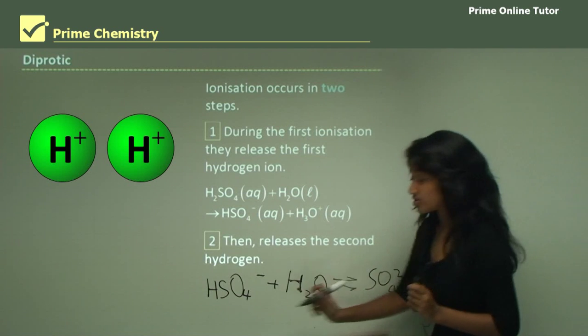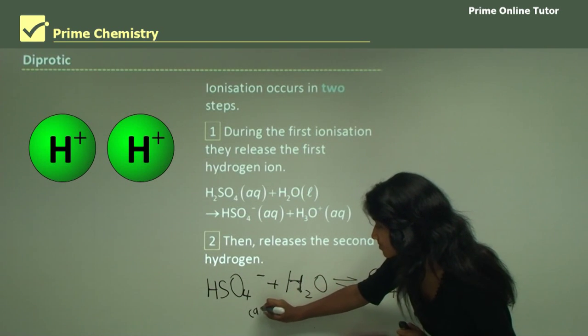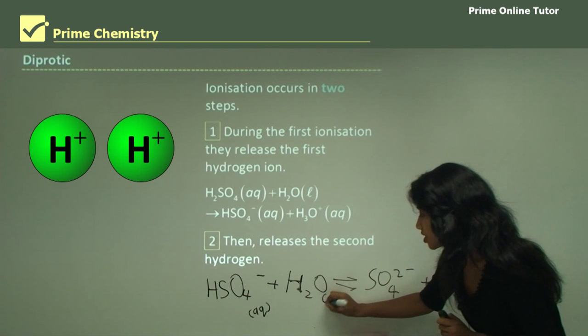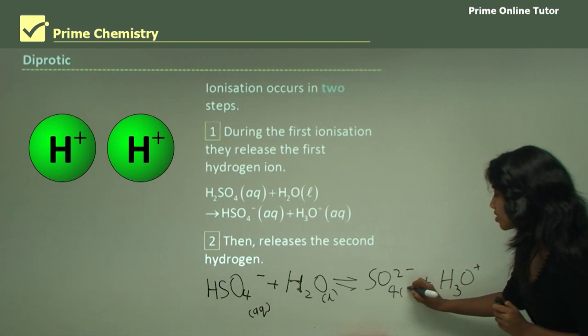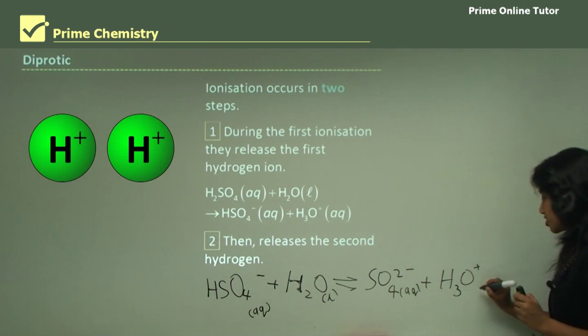Now again, always write your states, which is this is going to be aqueous, this is going to be liquid, this is again going to be aqueous, and aqueous here as well.